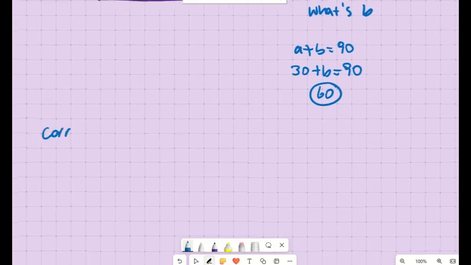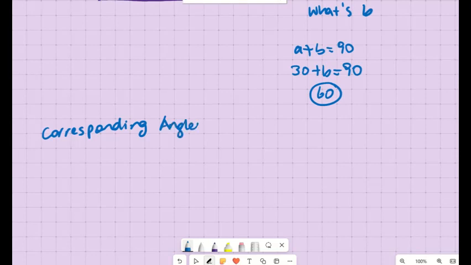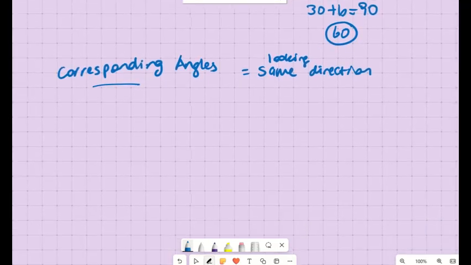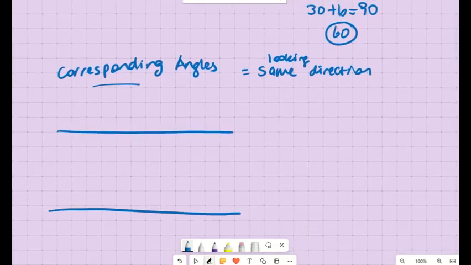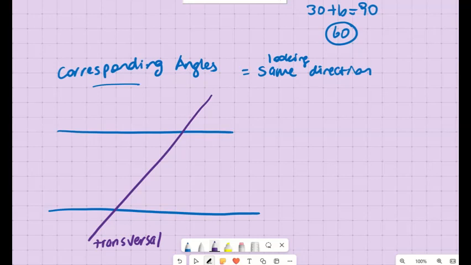Then corresponding angles. Corresponding angles means they are looking at the same direction. What does that mean, miss? So if I have two parallel lines, this line is called transversal. Look, this D and A are looking at the same direction.